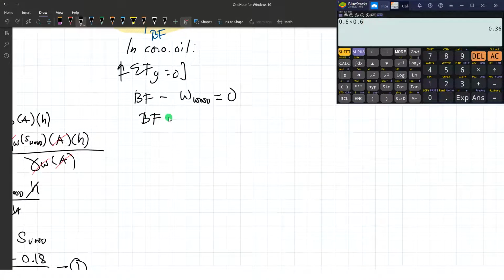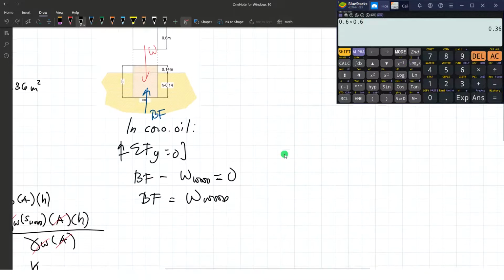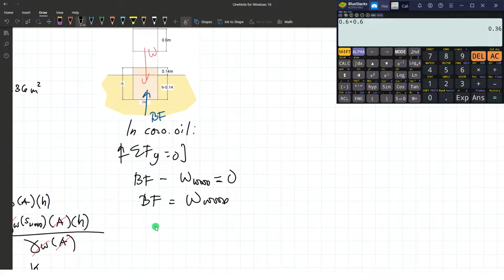So the buoyant force is equal to the weight of the wood. The buoyant force is the product of the unit weight of the fluid, the unit weight of the coconut oil, multiplied by the volume displaced, equals the unit weight of the wood multiplied by the total volume of the wood.